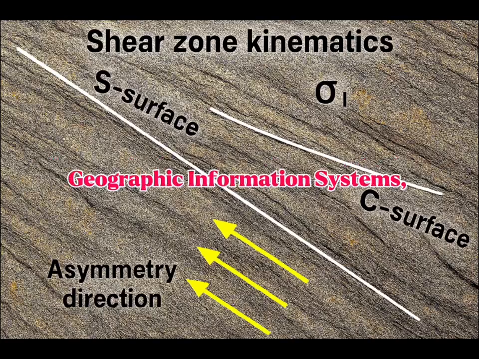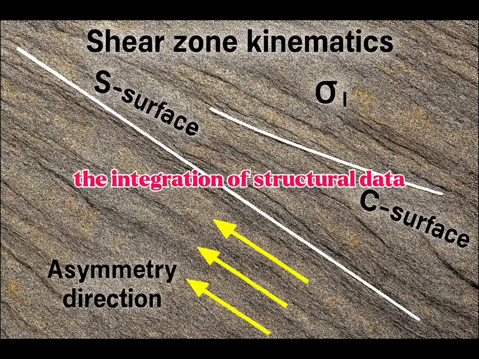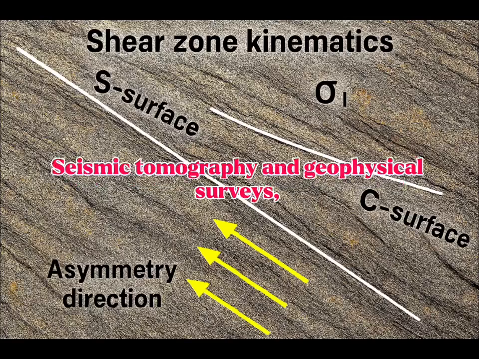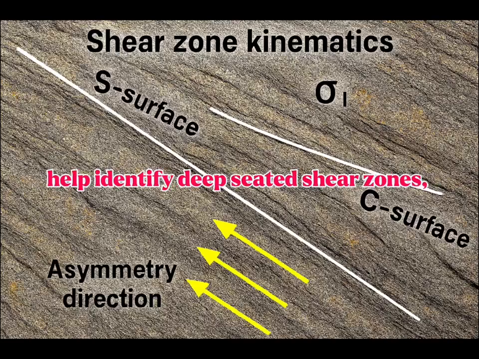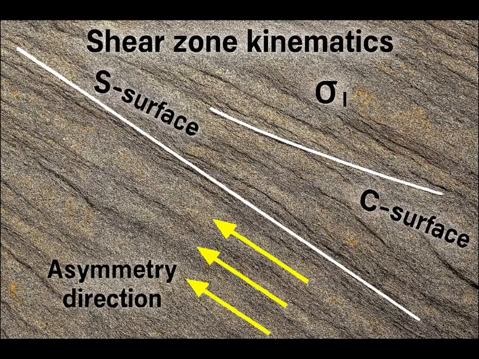Geographic Information Systems, or GIS for short, facilitate the integration of structural data for spatial analysis and modeling. Seismic tomography and geophysical surveys, including gravity and magnetic methods, help identify deep-seated shear zones and their subsurface geometry.